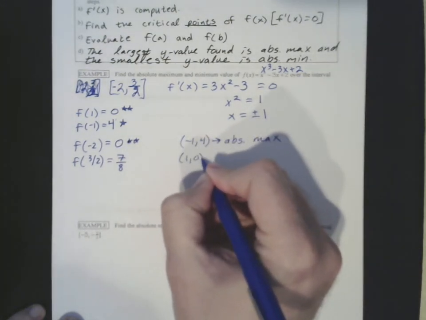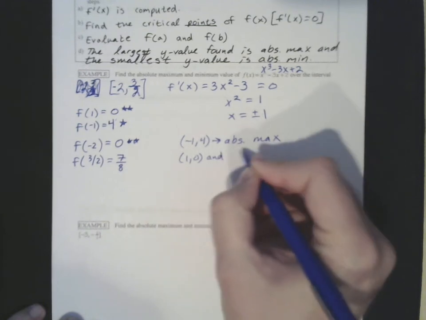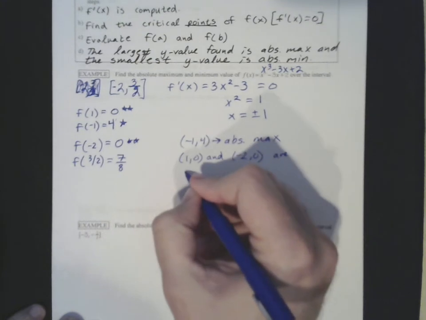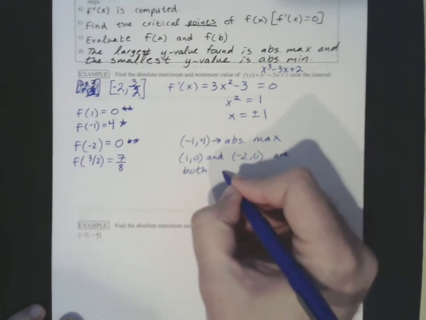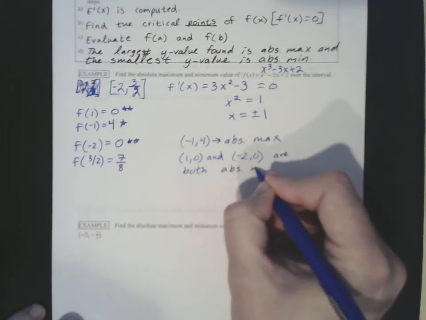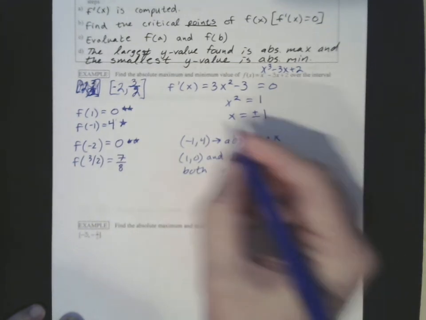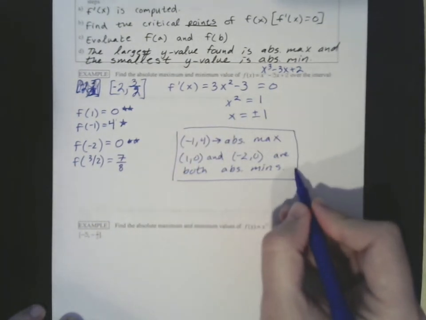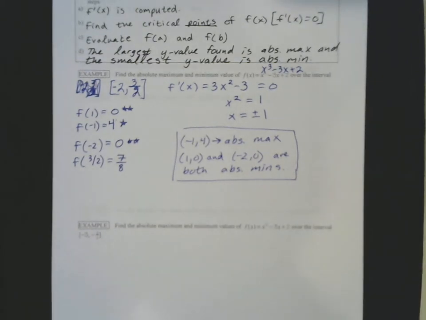So 1, 0 and -2, 0 are both absolute mins. And those are our answers.